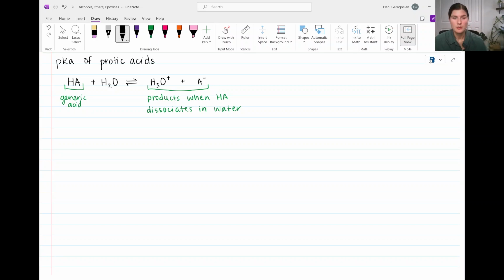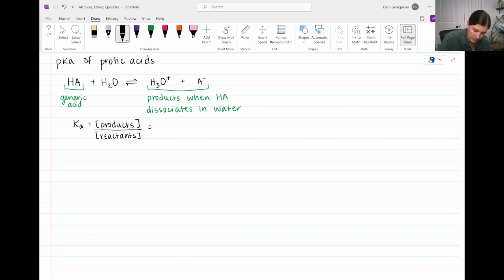So with this equilibrium reaction that we've drawn out here, we can calculate the Ka, the equilibrium constant. For an acid, this is the concentration of products divided by concentration of reactants.